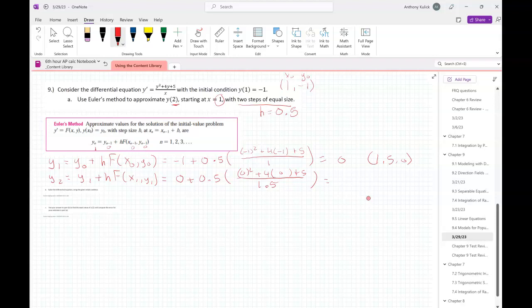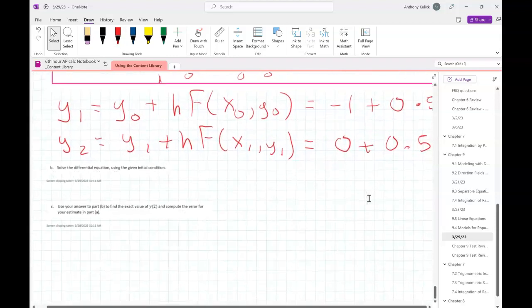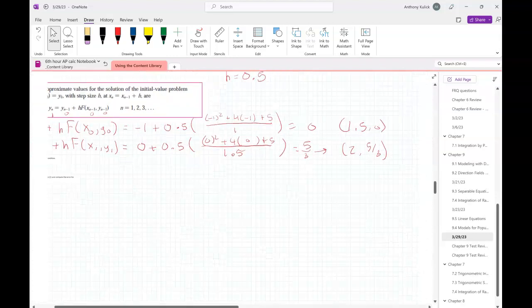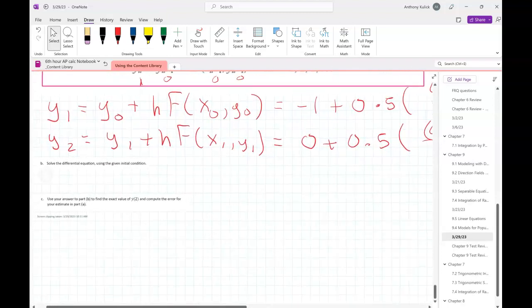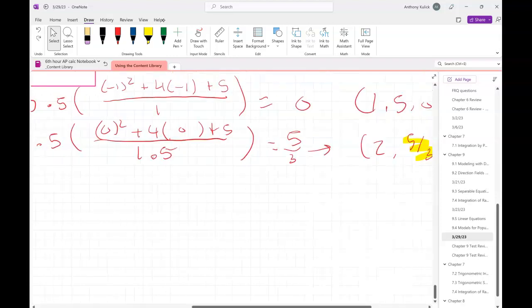So this is going to be 5 over 1.5 times 5. That's 2.5 over 5, which is 5/3. So that's my approximation there, 5/3, I think. It's me trying to do some mental math.